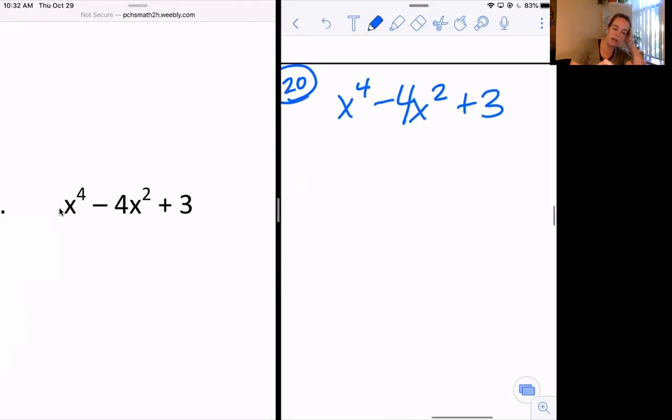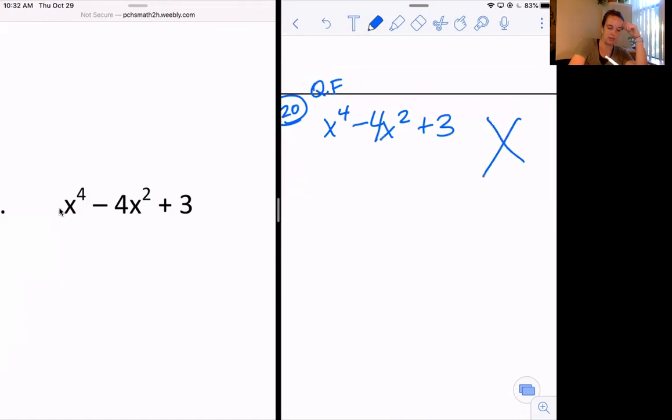Okay, so I know that this is quadratic form because I have x to the fourth, x squared, and a number. So I'm going to solve it with my x factor kind of thing. What two numbers multiply to get 3 and add to get -4?